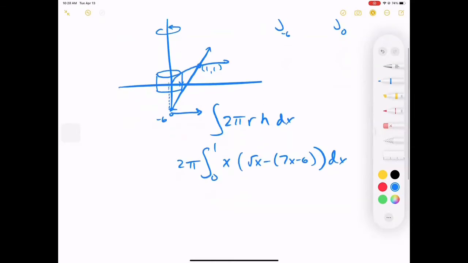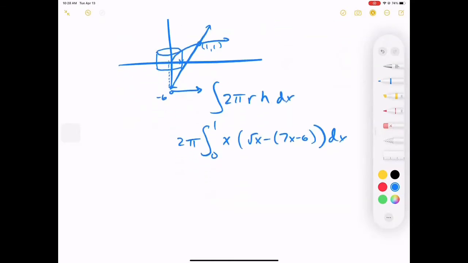Okay, let's see how this one came out. If I enter this in a calculator, I don't have a calculator with me.